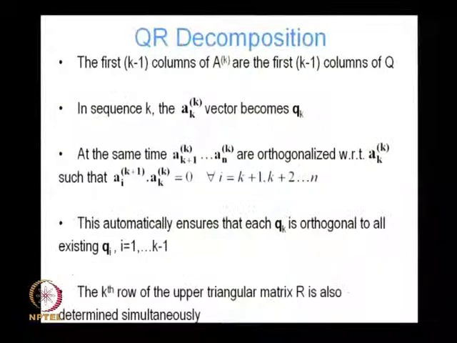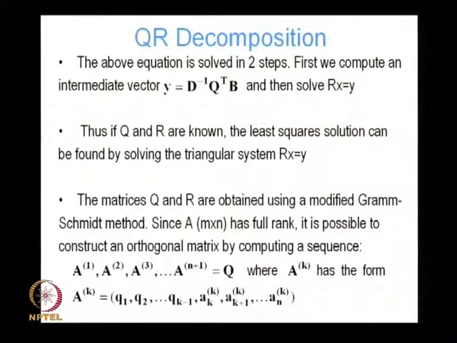Well, we will make the vector Akk, in the kth step, automatically become Qk. But in order to become Qk, we have to make sure that the remaining vectors Ak plus 1,k through An,k are orthogonal to the vector Akk.